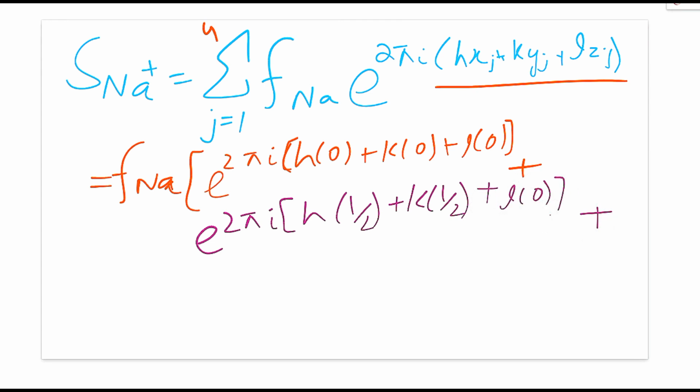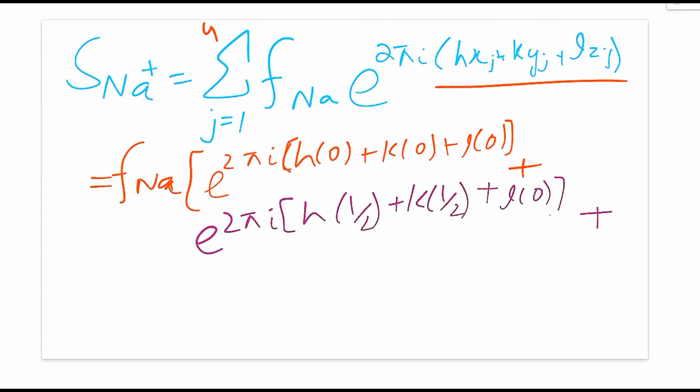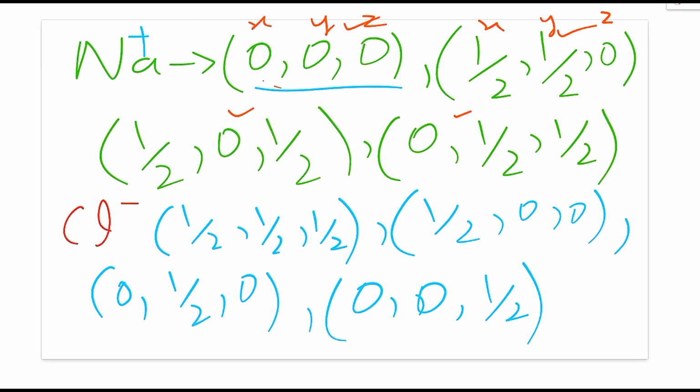Now let's do it for the third atom, which is half, 0, half. e to the power 2 pi iota, h half, k 0, and l half. Alright, so let's do it for the last one, which is at 0, half, half.